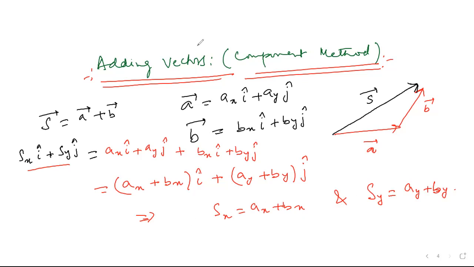Now, if you are interested in finding the magnitude of the resultant vector, you know that will be the square root of Sx square plus Sy square.